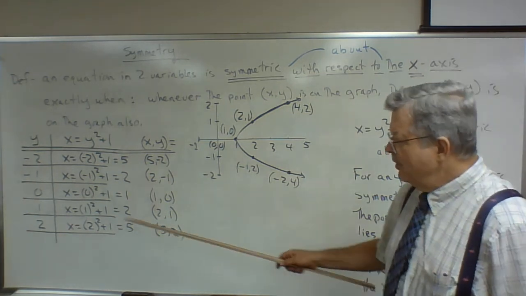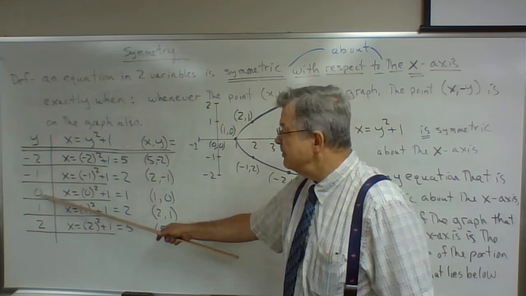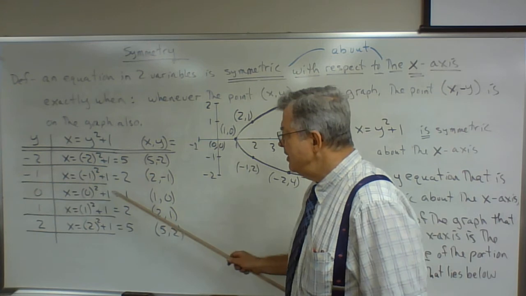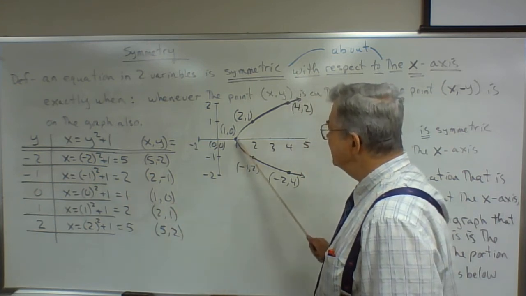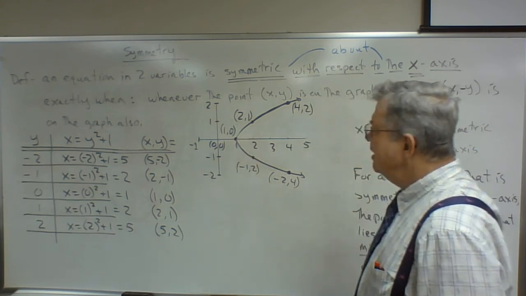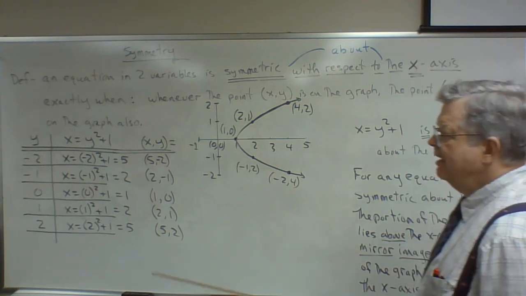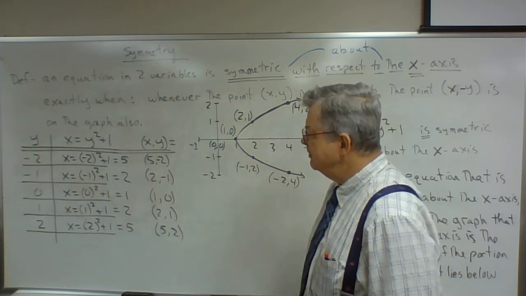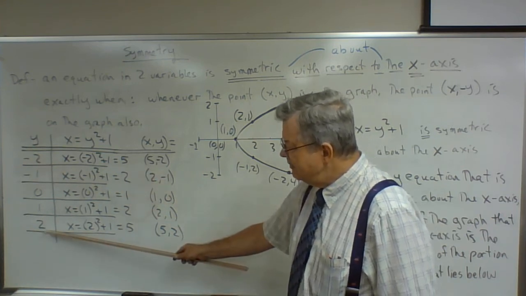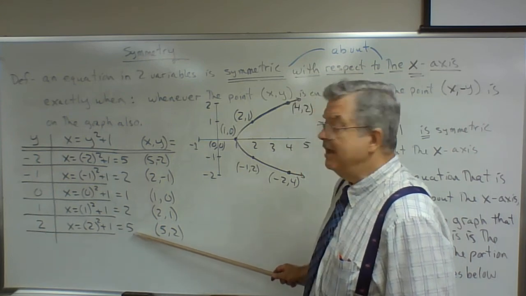And let's see. When y equals 0, we have our x-intercept. Y equals 0, x is 1. So 1, 0 will be our x-intercept right there. We plot all of these points, and notice something. When I plug in negative 2 for y, I get 5 for x. When I plug in positive 2 for y, I get 5 for x, the same value.